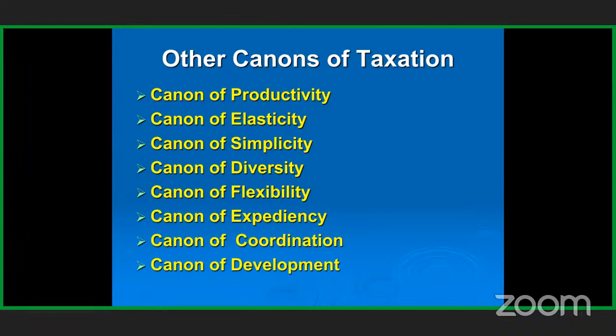According to this canon of productivity, taxes must be levied in order to accumulate a satisfactory amount for the government to run its administration effectively or efficiently. So the government should raise adequate revenue to meet its expenditures to provide enough facilities for the people in the country.